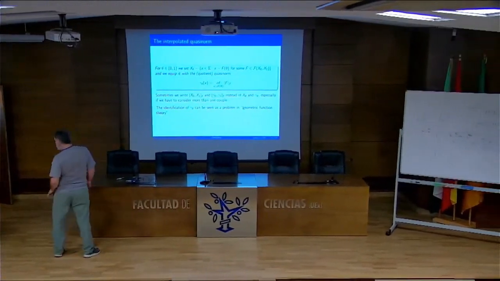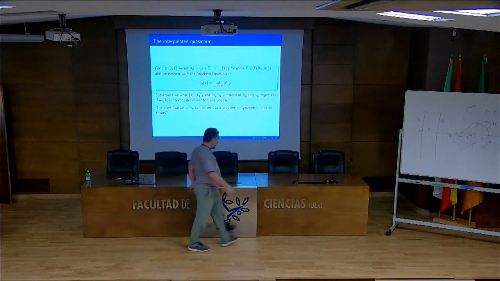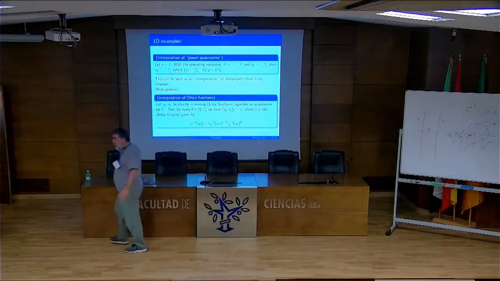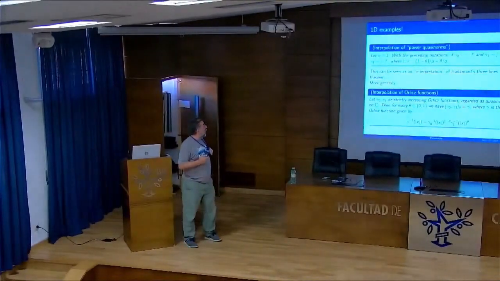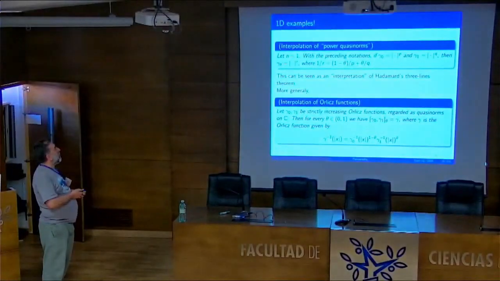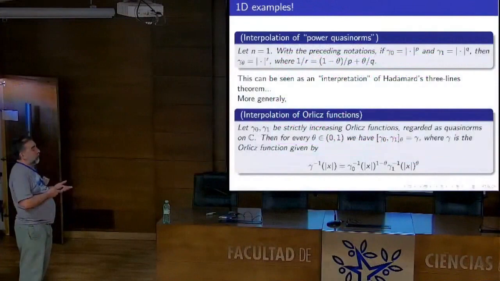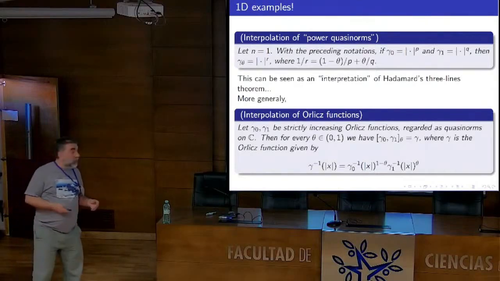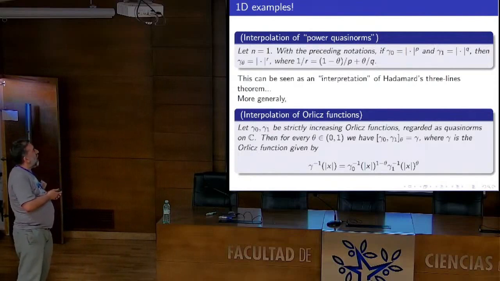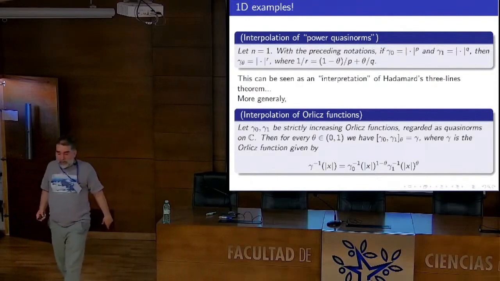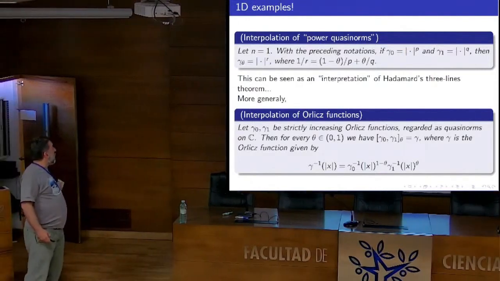Some easy examples are the following. If we interpolate the power norms, this is in the complex plane, you get another power norm, which is comme il faut. And this can be seen, in fact, as an interpretation of the celebrated Hadamard three lines theorem.